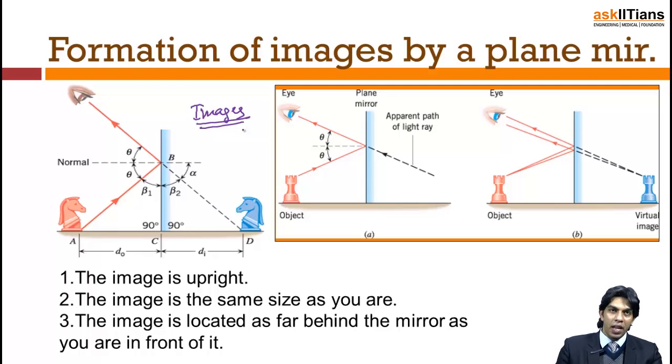For an image point, the light ray is not originating from that point; it seems to be originating from that point. And the point I am talking about can be real or virtual.